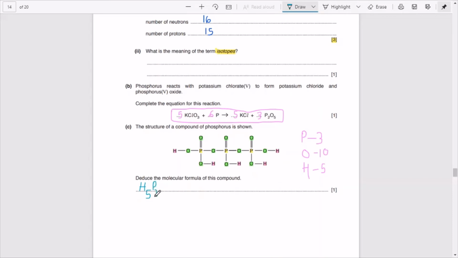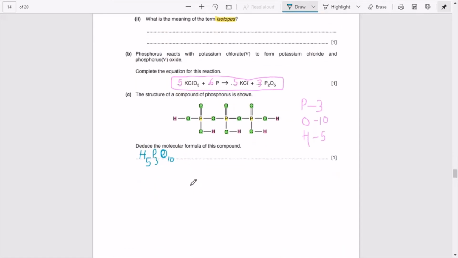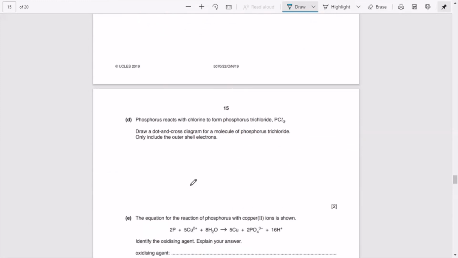H5P3 and O. Let's get it bigger. It's O10. So this is how we're gonna solve it. It's pretty simple. It's just about counting.